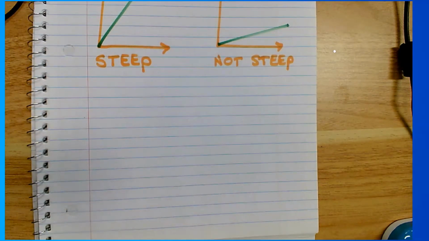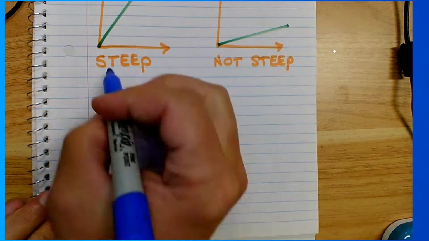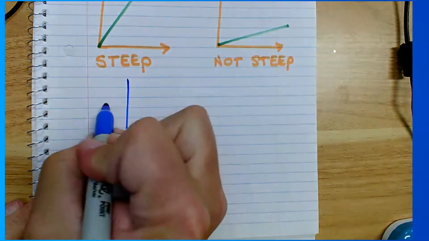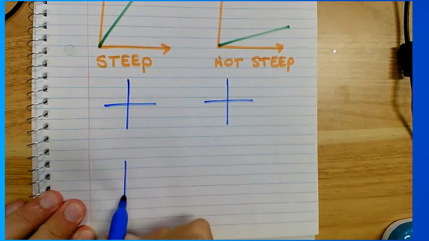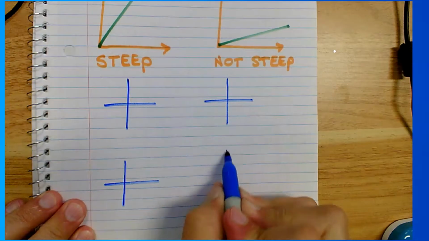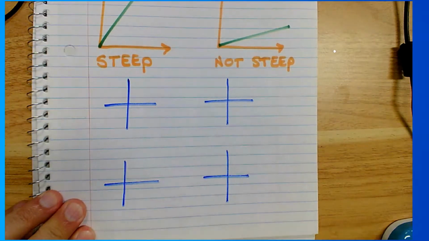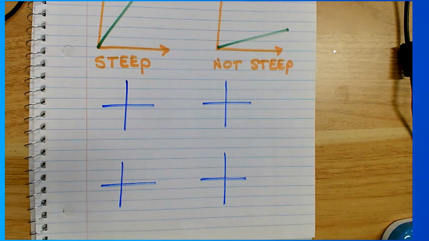Before I tell you how to calculate slope, I want to show you the 4 types of slope that there are. So you're going to need 1, 2, 3, 4 coordinate systems. There are 4 types of slope.